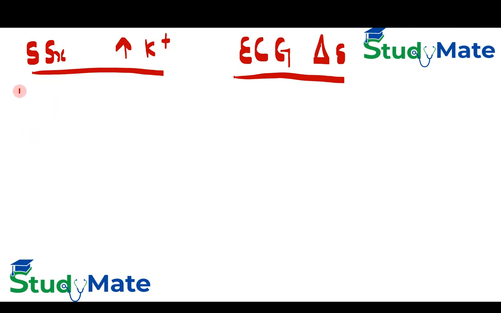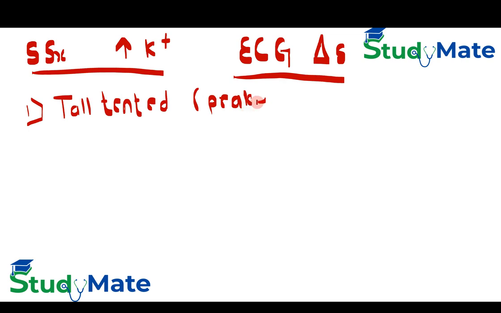In ECG, the first sign that you will notice will be tall, tented, or peaked T waves.